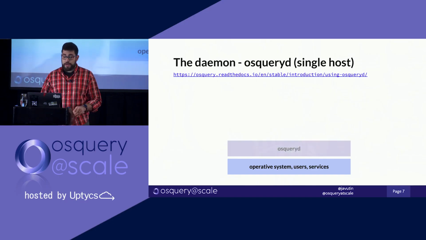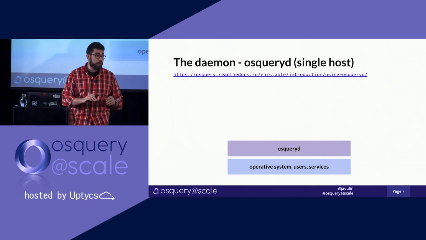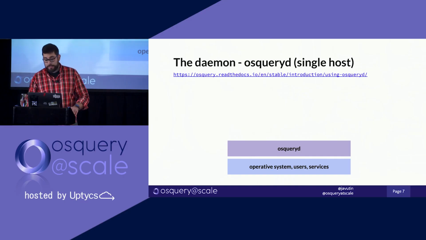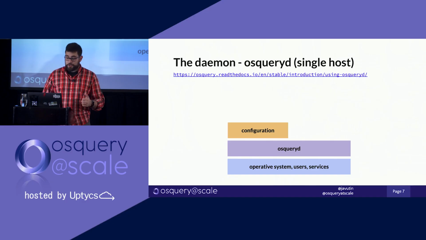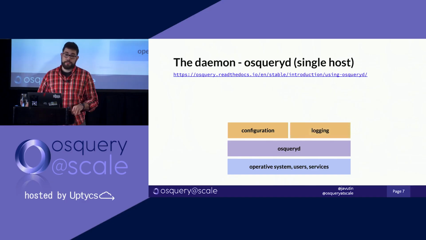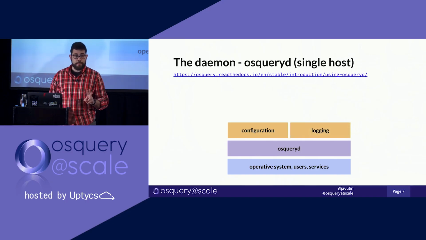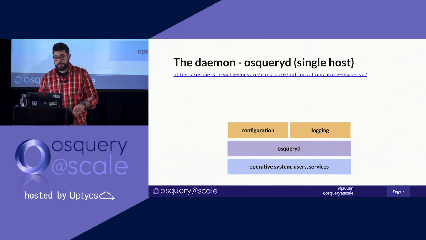And then you're going to have osqueryd, the daemon of osquery that is sitting on that machine. On top of that daemon, you're going to have the configuration that applies and then the logging that it generates. Those are the two basic things when you are dealing with osqueryd.